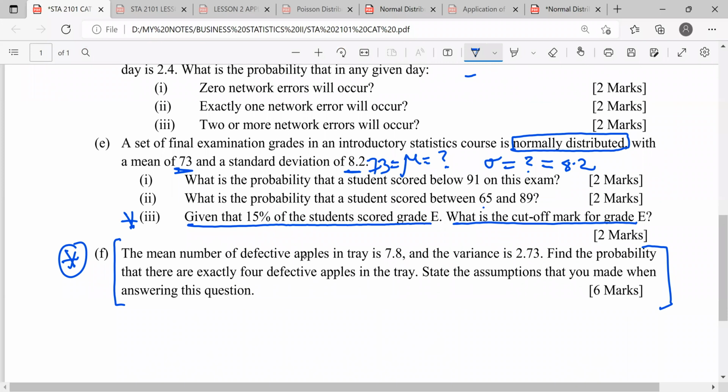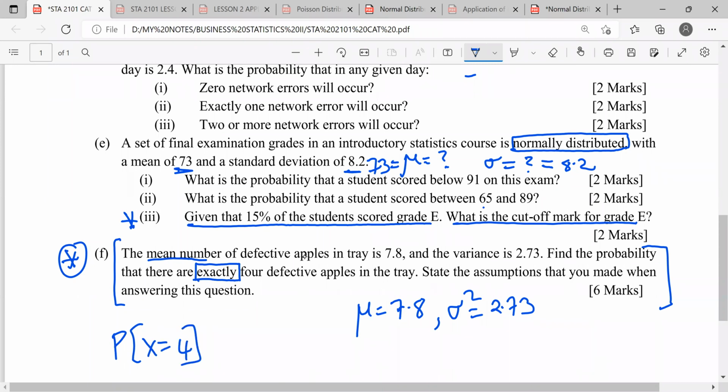We are told that the mean number of defective apples in a tray is 7.8, and variance, which is sigma square, is 2.73. Find the probability that there are exactly 4 defective apples. So we're looking for probability that X is equal to 4.